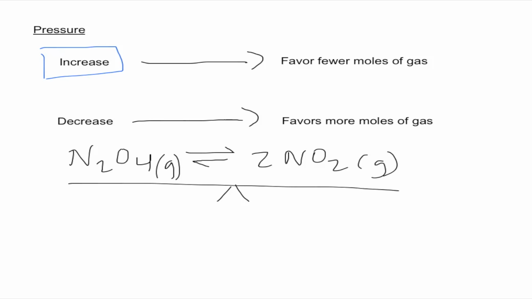So in the reactant side we have 1 mole, in the product side we have 2 moles. Increasing pressure is stressing the system. So to get it back to equilibrium, what you want to do is to form more of the one you have least. So right now the balance is looking like this. It's too heavy on the right side, so you want to increase more the side that has the least, and that is the reactant side.